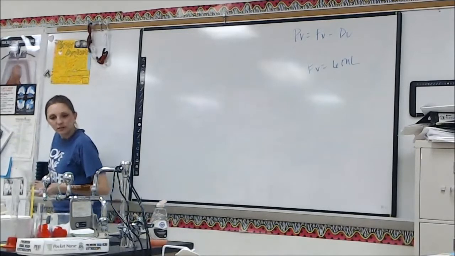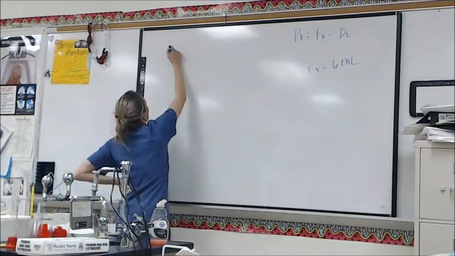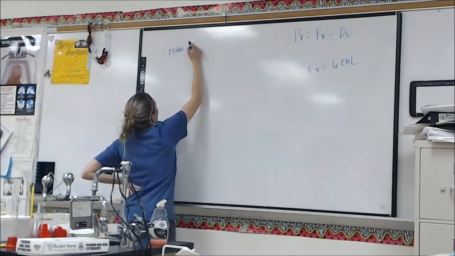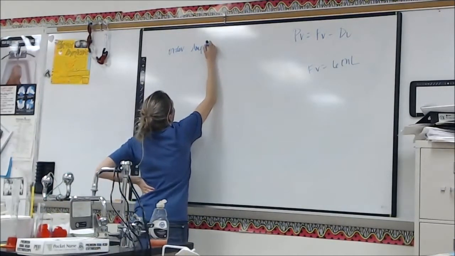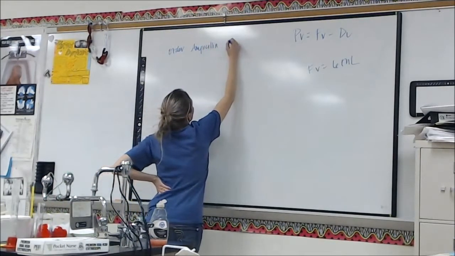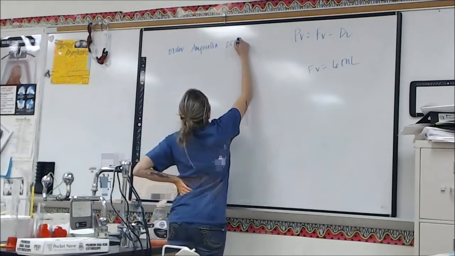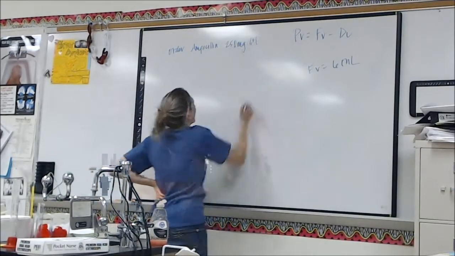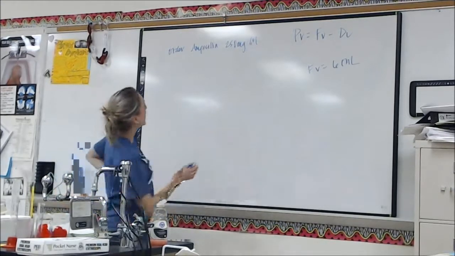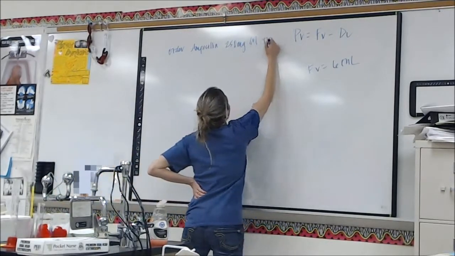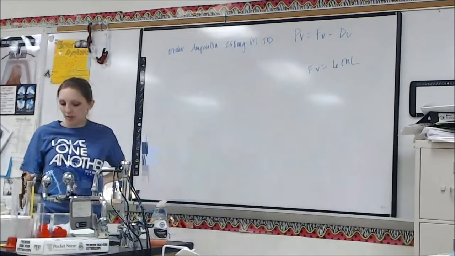All right, let's write down our info first. Our order is for what? 250 milligrams of acid. 250 IM TID, which means what? 3 times a day.